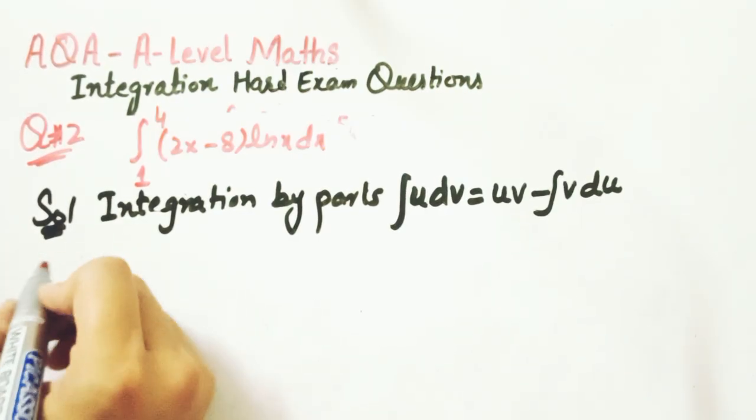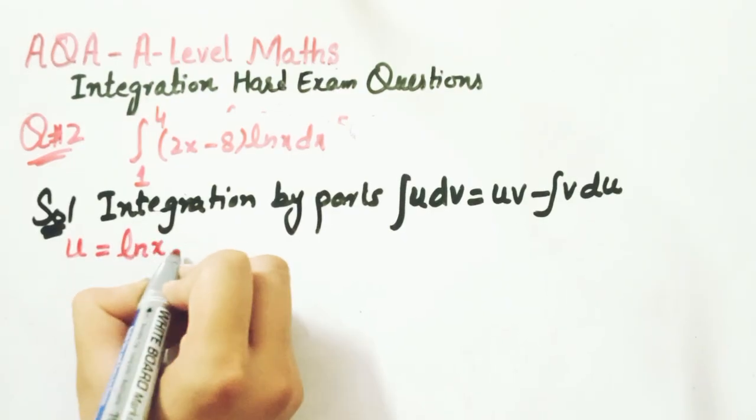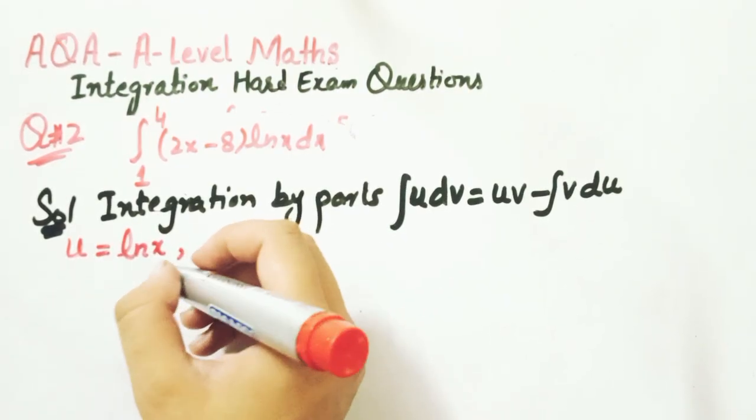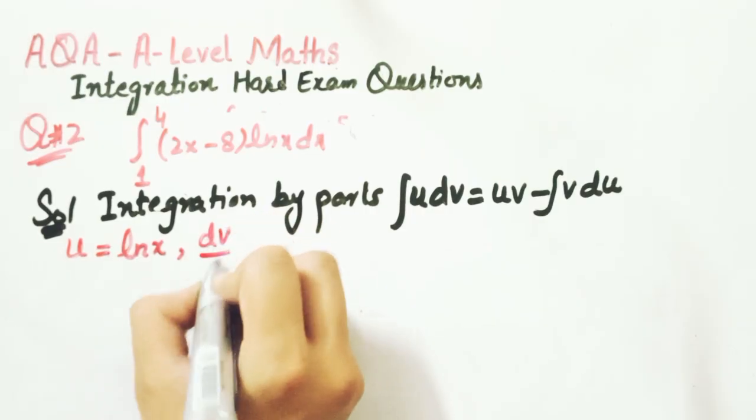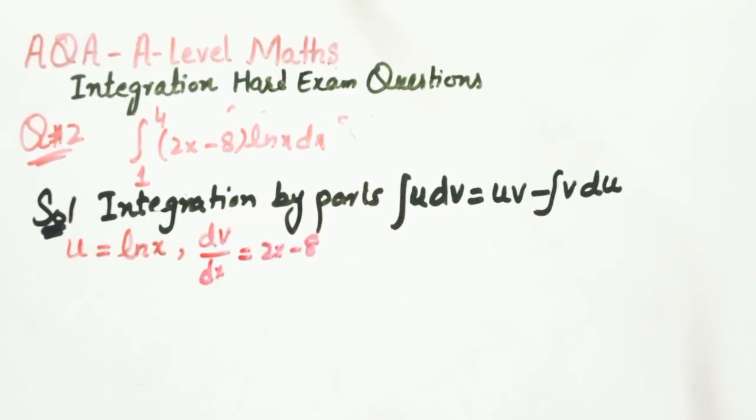First of all, consider u equals ln x, then dv by dx is 2x minus 8. This is our choice.